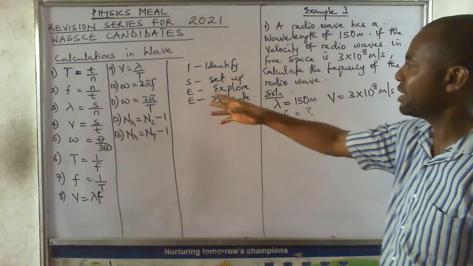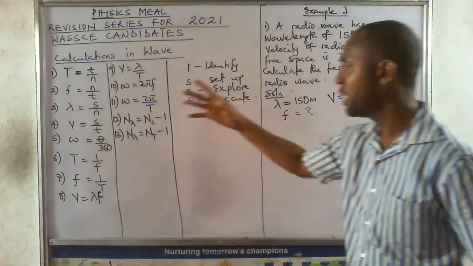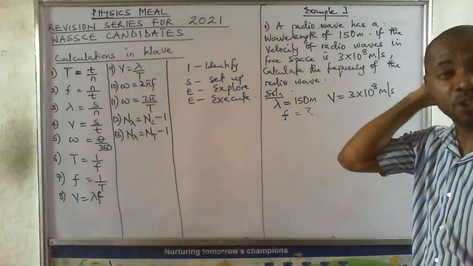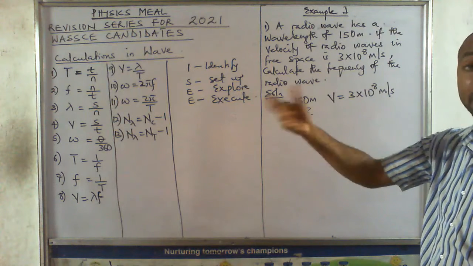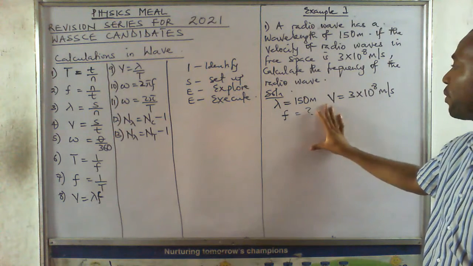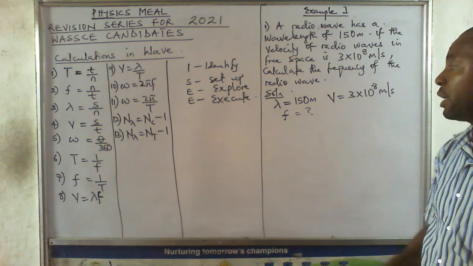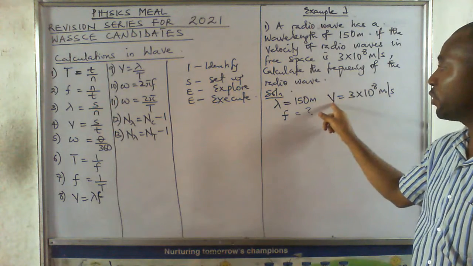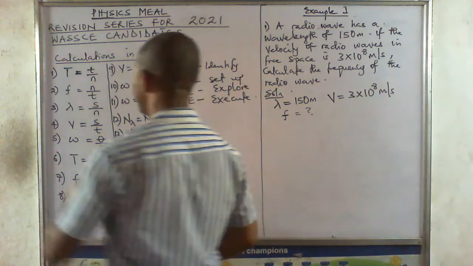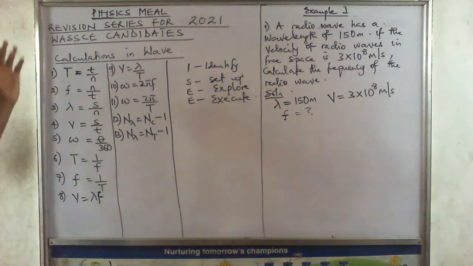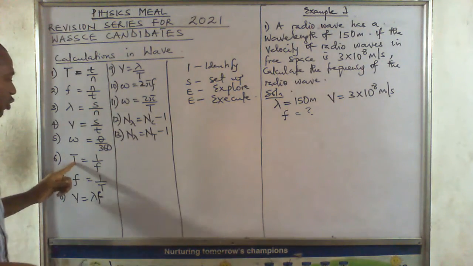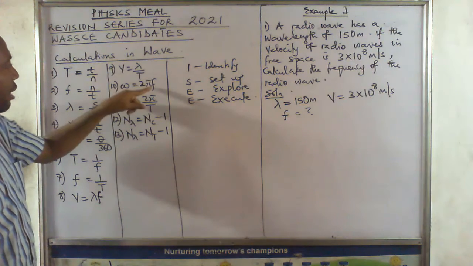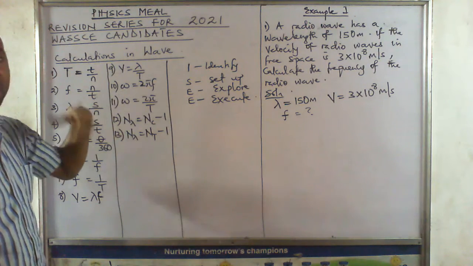We start searching from the list of equations or expressions, what you may call formulas, that we have, to see which one will be suitable for calculating the frequency, based on what has been given to us. Here we have frequency, but we don't know N and T, so I can't use it. I have frequency, I don't know the period, I can't use it. Another place I have frequency, but we don't know this, I can't use it.